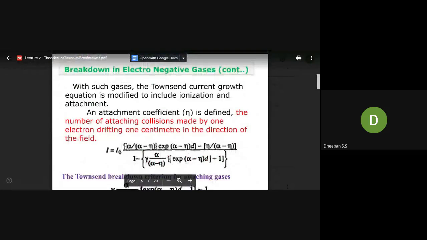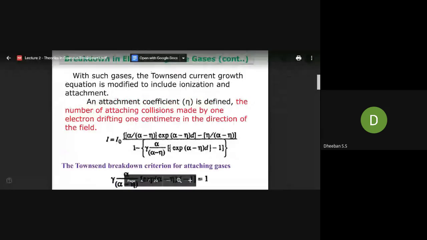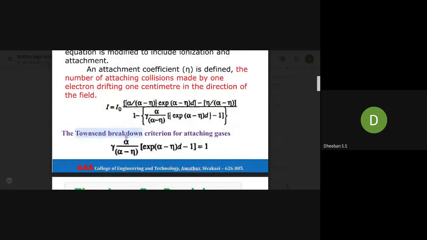This is the equation we have to see. This Townsend theory is mainly based upon electronegative gases. The main equation you have to see is the Townsend breakdown criterion for attaching gases.